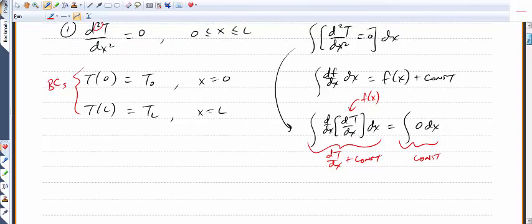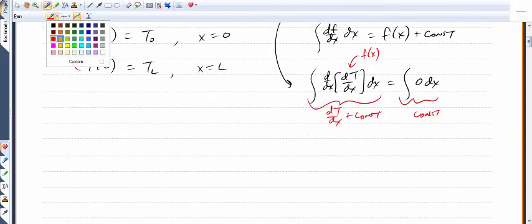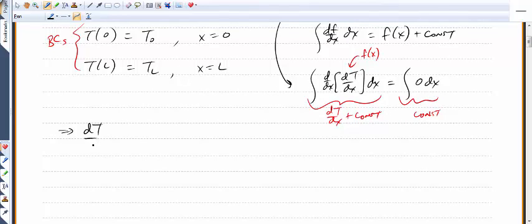So what happens then is we can combine the constants. We get our new form here, dT dx is equal to a constant which we'll call c1. And again, we're going to integrate this new equation with respect to x. The left side now becomes the integral of dT dx dx.